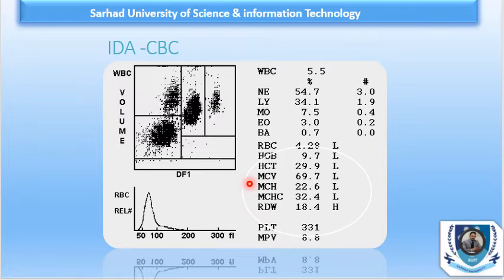So if there are pencil cells or elliptical cells along with microcytic hypochromic anemia, then this is a suspected case of IDA, but still you will not report it as IDA. You will recommend an iron profile, and you will confirm it by iron profile. So this report is for IDA, iron deficiency anemia, and basically it's a microcytic hypochromic anemia.